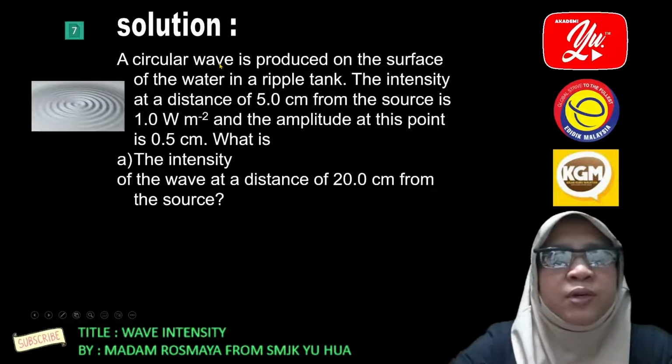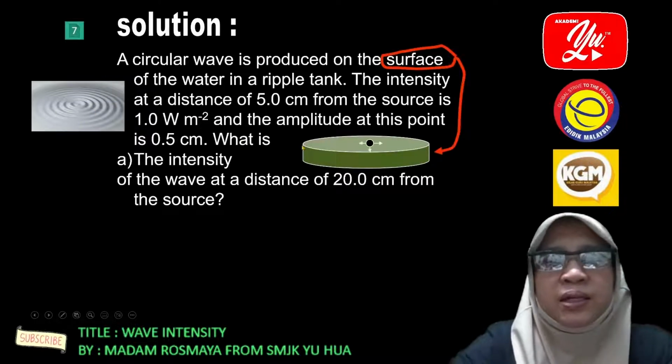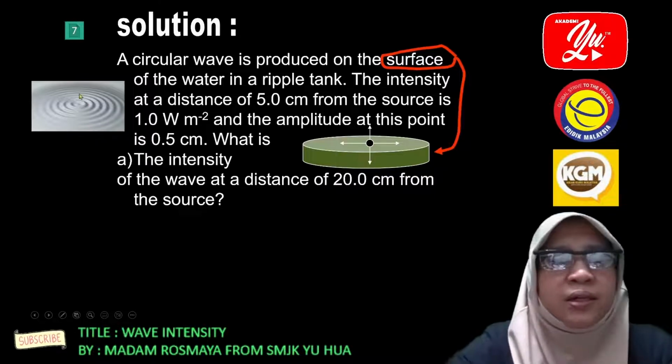The circular wave is produced on the surface of the water in a ripple tank. So it is like the second type, the linear source. It does not surround the source, it is only on the surface.